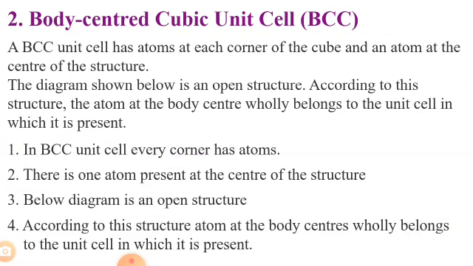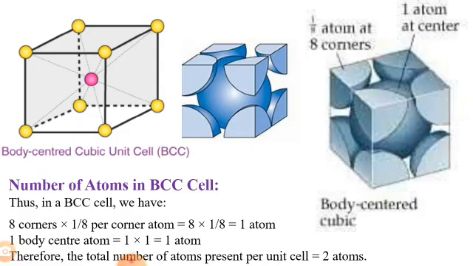So in BCC unit cell, every corner has atoms and the contribution of that atom is 1/8. Therefore, there is one atom present at the center of the structure. So, the below diagram is an open structure. There are 8 atoms at the corners and 1 atom which is present at the center of the cube.